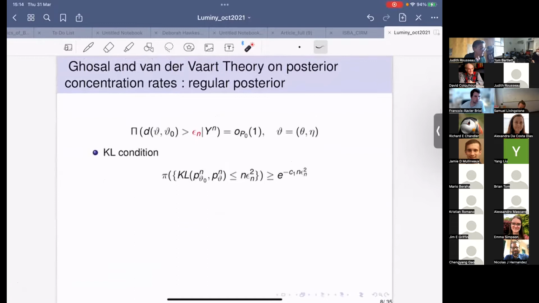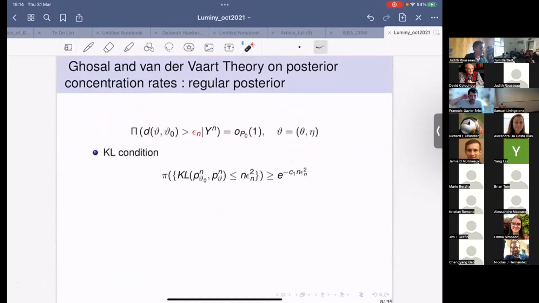A contraction rate is defined as a sequence epsilon n that goes to 0, such that the posterior probability of balls with respect to some metric d around theta naught, which is the true value of the parameter, at radius epsilon n, goes to 1.